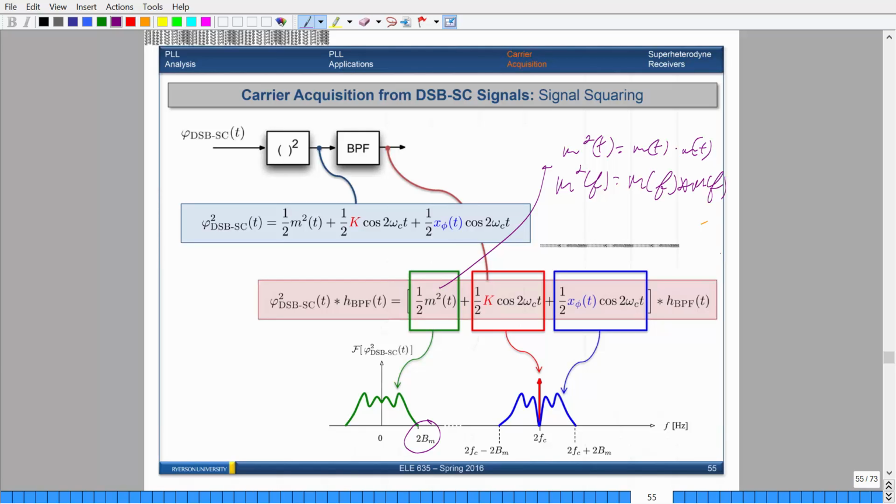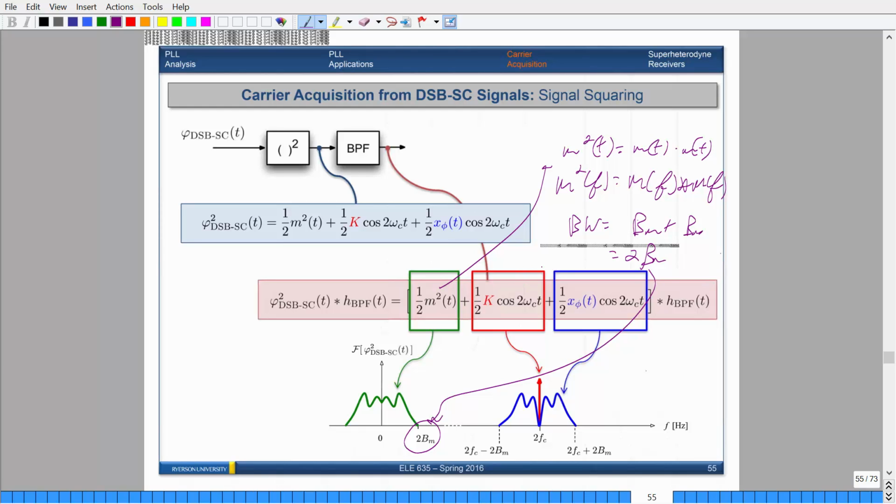And if you remember the property, if you have two finite length signals and you convolve them together, the output width is just the sum of the two. So the bandwidth is just B of m plus B of m, which is twice as much. So when you square a signal, the output bandwidth is just the message signal bandwidth added twice. That's why you see twice the bandwidth here.